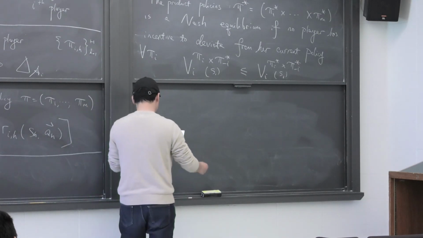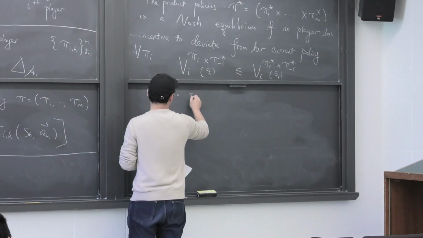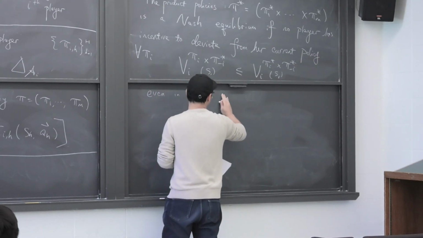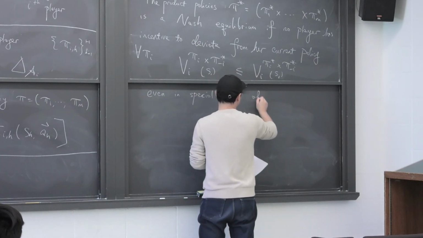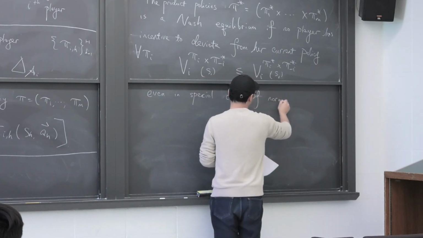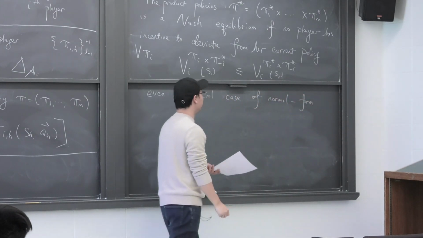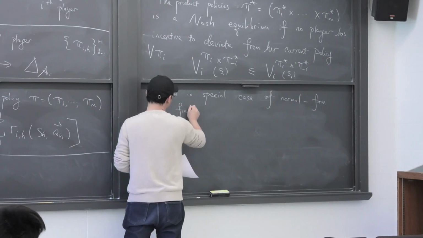So we know that even in a special case of normal form game, which we talked about in the last lecture, finding Nash equilibrium in the general sum game is actually PPAD hard.